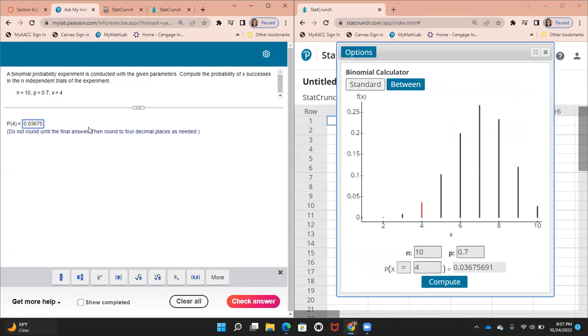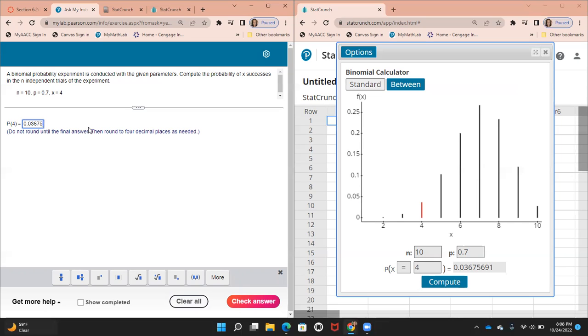When they show you by hand, we don't have the skills to do that because we haven't learned those. So we really have to rely on technology. It's not terrible, but the class curriculum as a whole decided to focus more on the statistics applications and not probability, which could be a whole other course that we focus on.